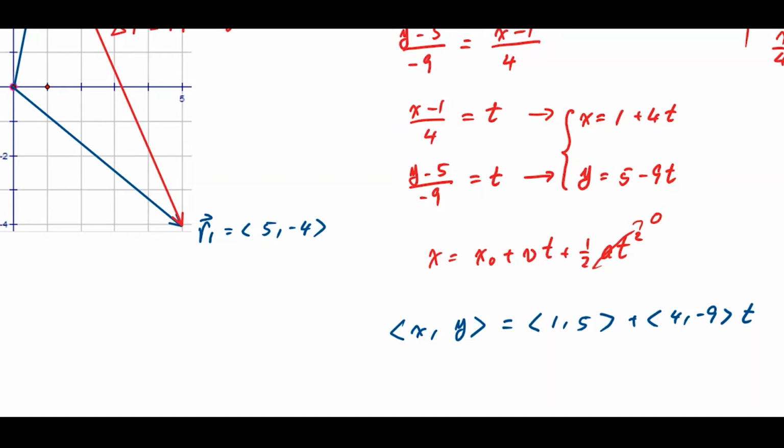Do you agree it's exactly the same thing? Because you distribute t, and then you add, and you get this. You know what I'm saying? So this is a vector equation equivalent of this parametric equation now, isn't it? You with me so far?